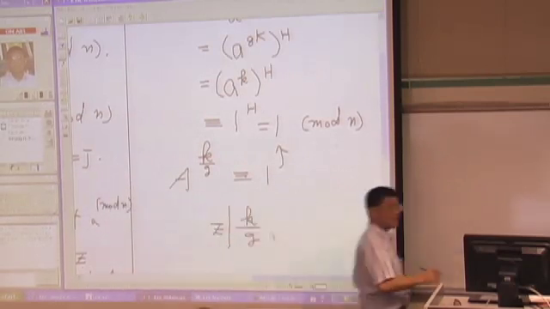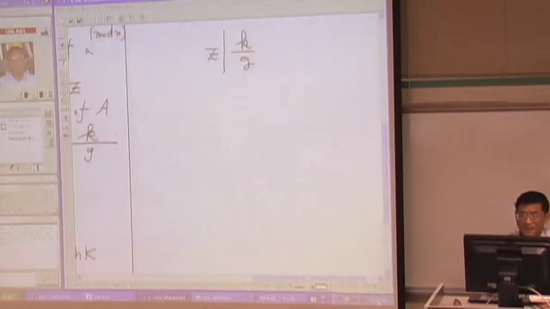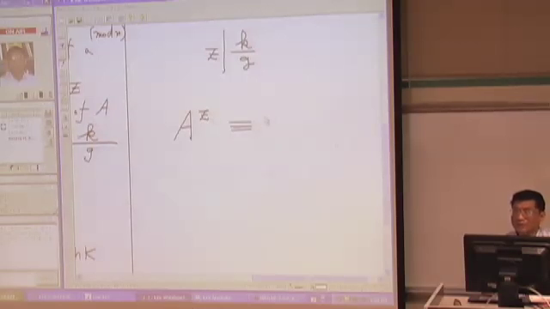Then, the next thing that I want to prove is this. Assume that we have a to the power of z. Then by definition of the order, it should be congruent to what? 1, right?